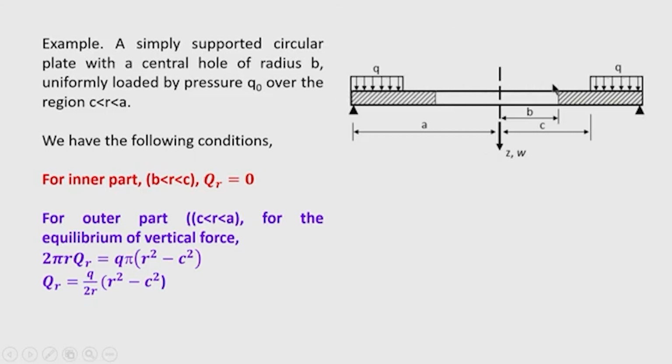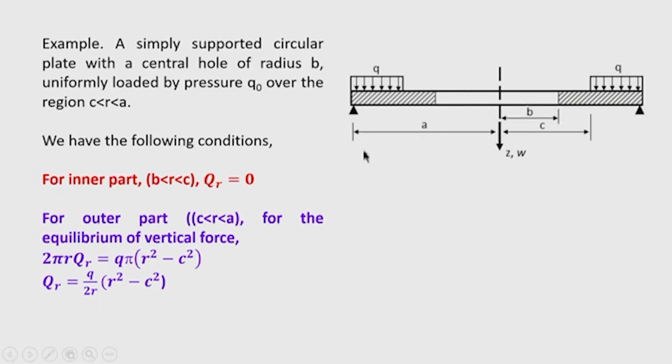This is also a plate with a hole, the radius of the hole is b, but the loading portion is from C to A, that is, C is the radial distance from where the uniform load starts and it ends at the outer edge A.